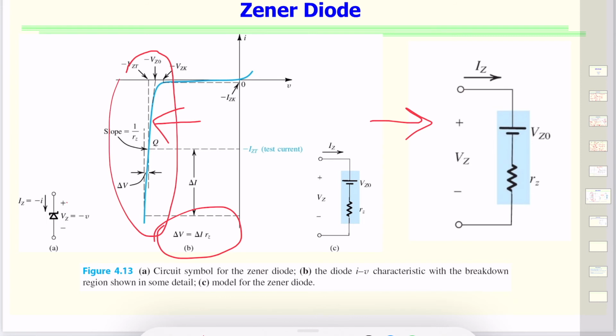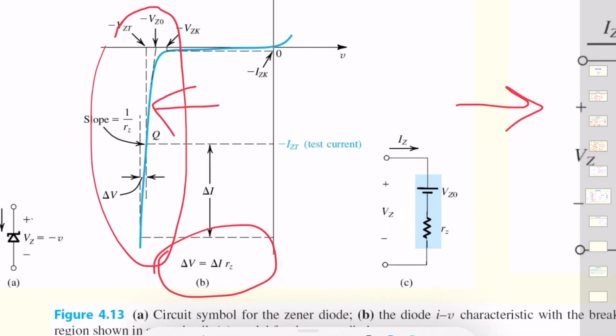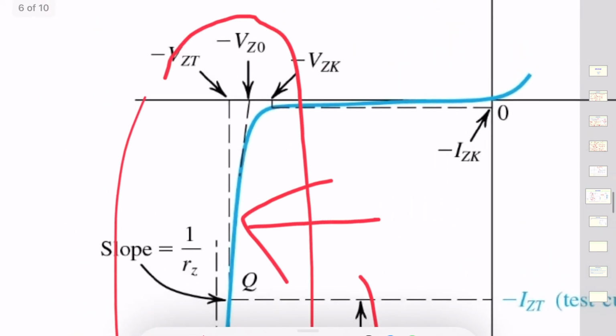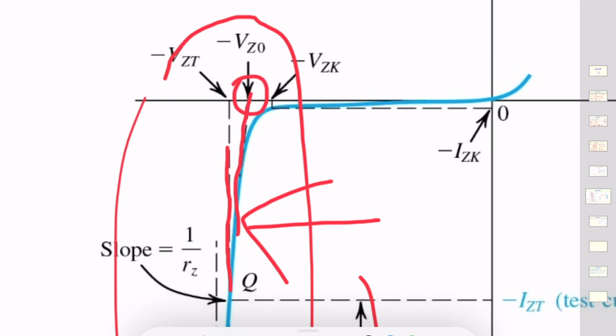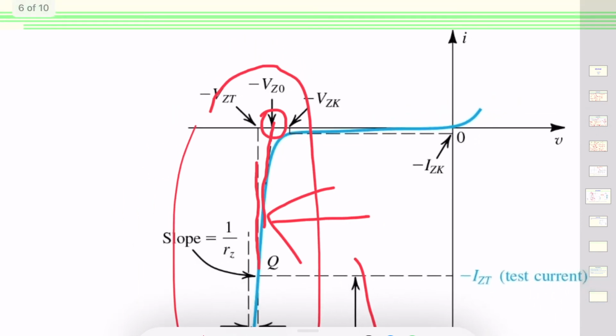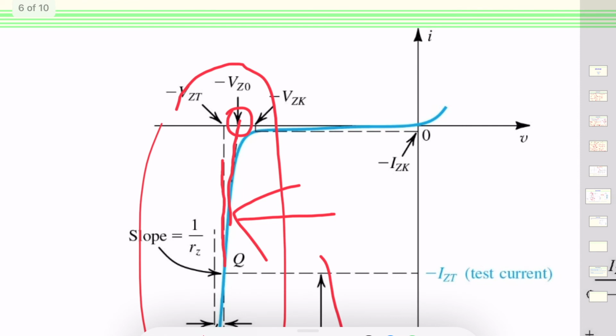So if you would extend this line, this is the point where it will hit the voltage axis. So VZ naught is shown here to be slightly different from the knee voltage VZK, but practically they are almost equal.